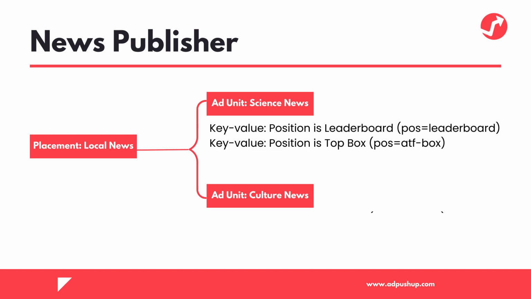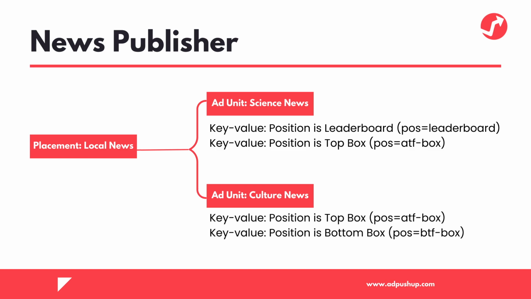So for example, we have a leaderboard on the science news section and a top box. In the second ad unit, for the culture news section, we would have as key values the position top box and also another position for the bottom box. Both of these ad units compose placements of local news, so a group of ad units.